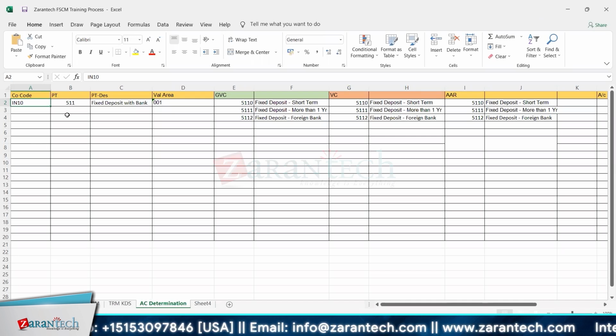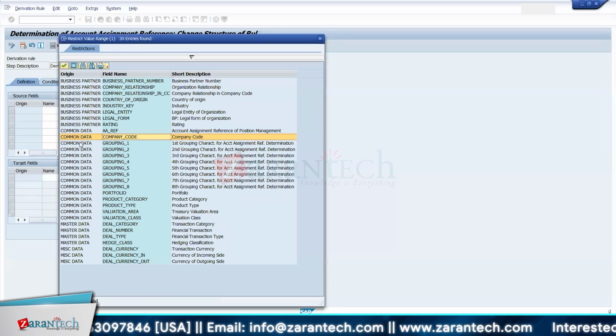That is also possible. So normally you need to see in the derivation rule what objects I am going to consider. Suppose your client says they use different GL accounts at company code level, then in this source you select company code. But normally it will not happen because the client normally uses a global chart of accounts.